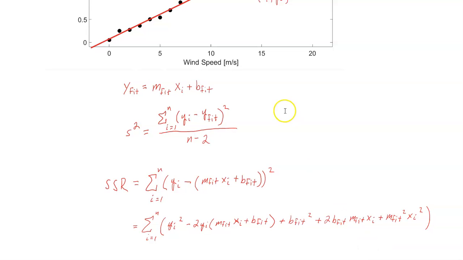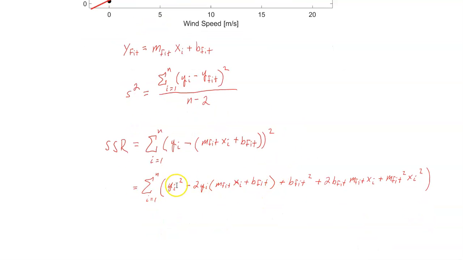Okay, so I know that looks harder to deal with, but it's actually easier. Why? Because we're looking for the minimum of our cost function, the minimum of this SSR function, just as a reminder, this is our cost function.